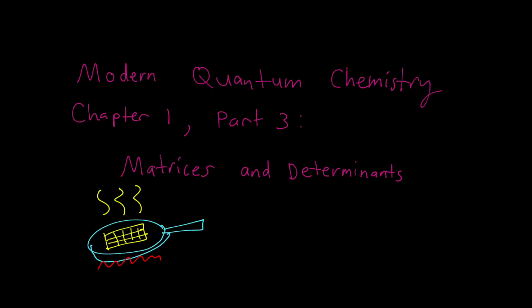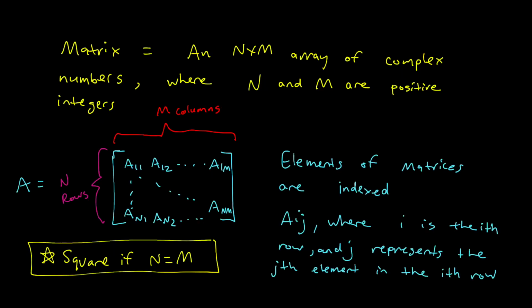Hello there. Today we'll be covering more matrices and a special number associated with matrices called determinants. In the picture here, I drew a waffle cooking because waffles look like matrices. You can think of a matrix as an n by m array of complex numbers, where n and m are positive integers.